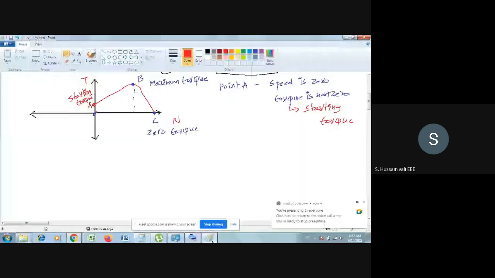Now there is a point B. What do you find at this point? The torque is maximum.